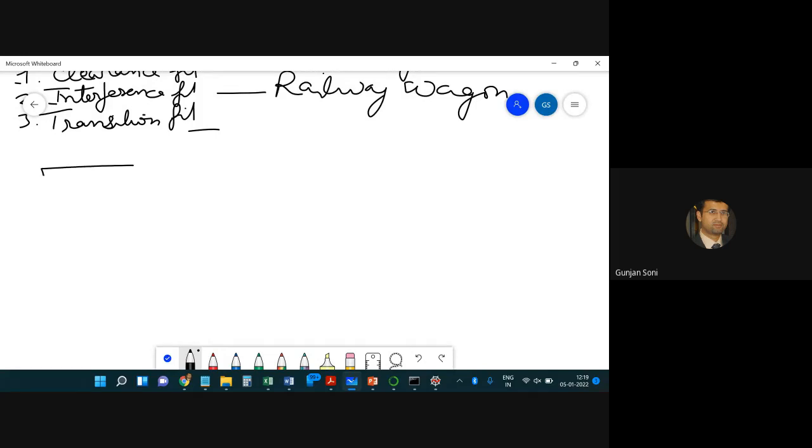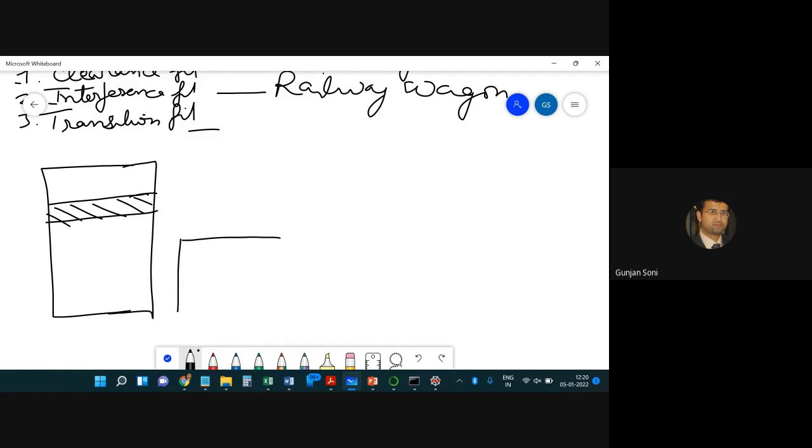So let's say this is your hole, and this is the tolerance zone of the hole. Now, if it is a clearance fit, what should be the condition to achieve a clearance fit? Can anyone tell? Let's say this is the hole and this is the shaft.